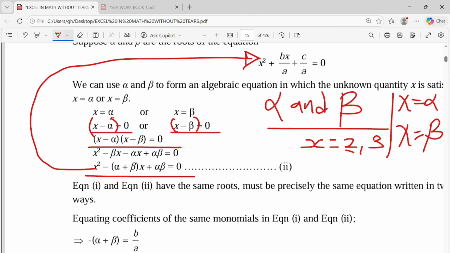If you relate this and this, you realize that negative alpha plus beta will be equal to b out of a, and alpha beta will be c out of a. Hope you can see that.